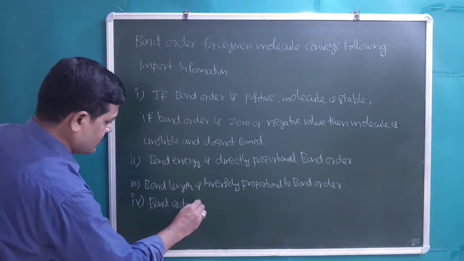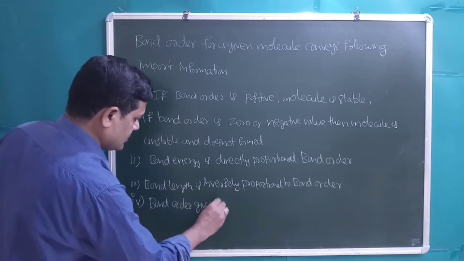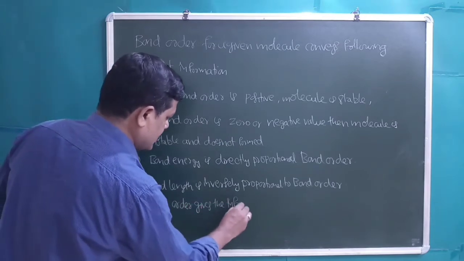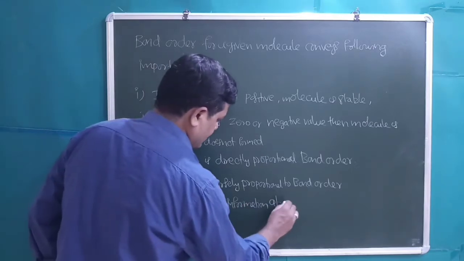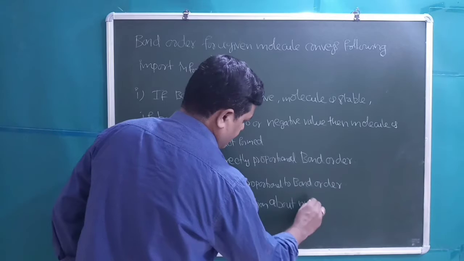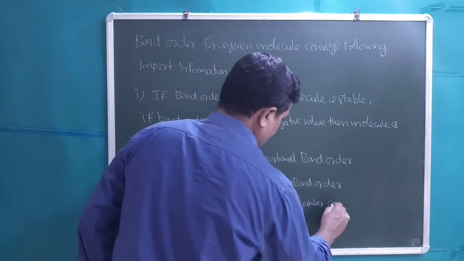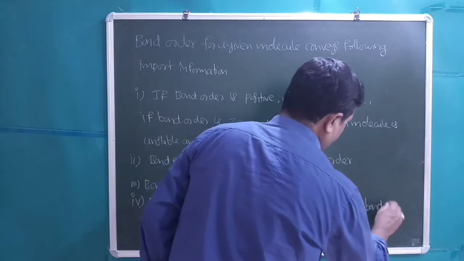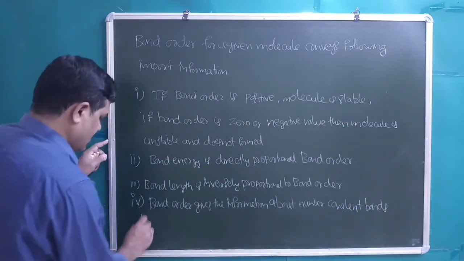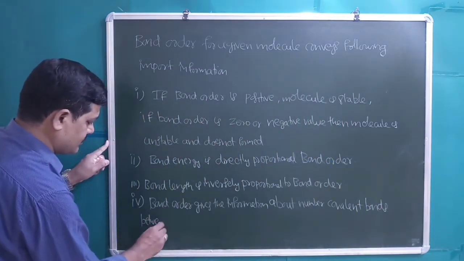Bond order gives the information about the number of covalent bonds between two atoms.